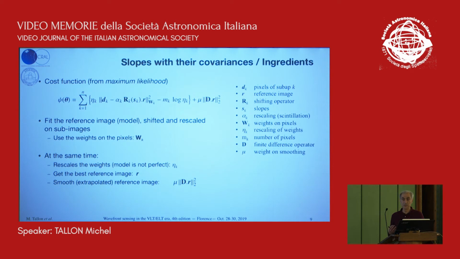So when you fit something, the model is not correct. So to solve this problem and to take into account more accurately the correct error, including the error of the model, we rescale the weight of the pixel by a factor we are also looking for.